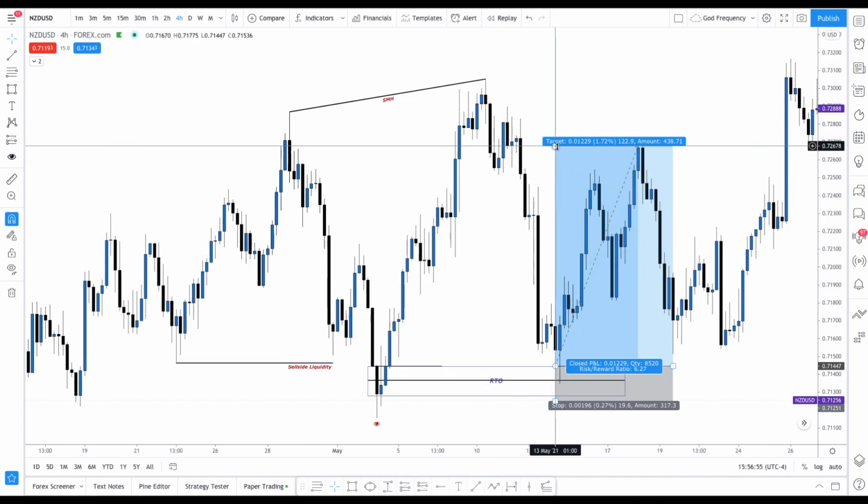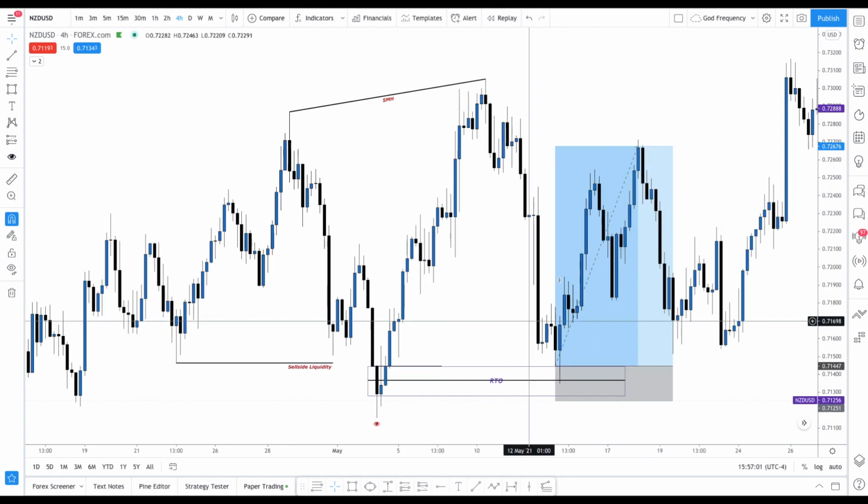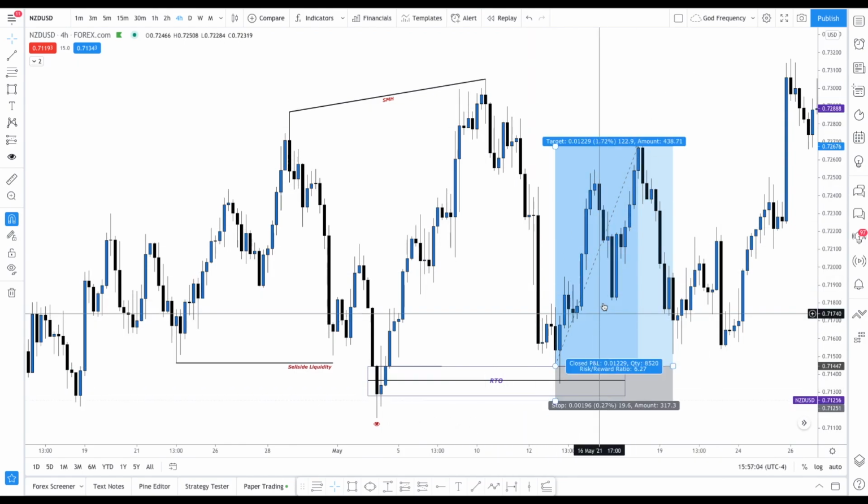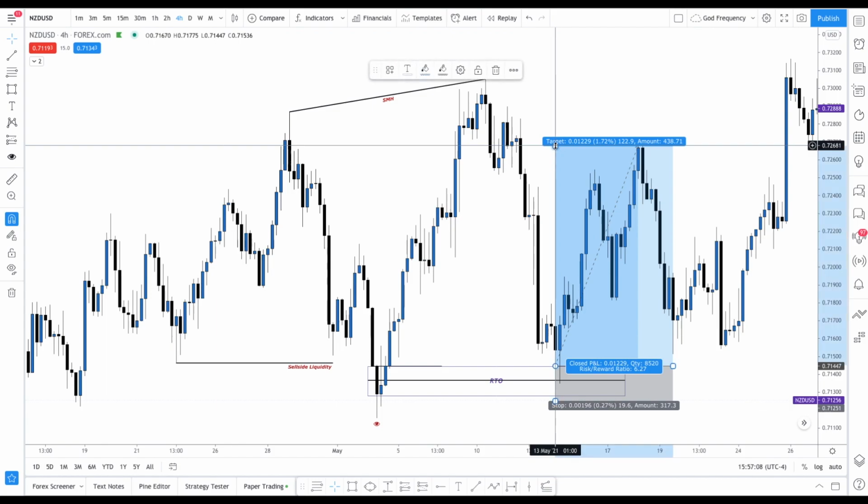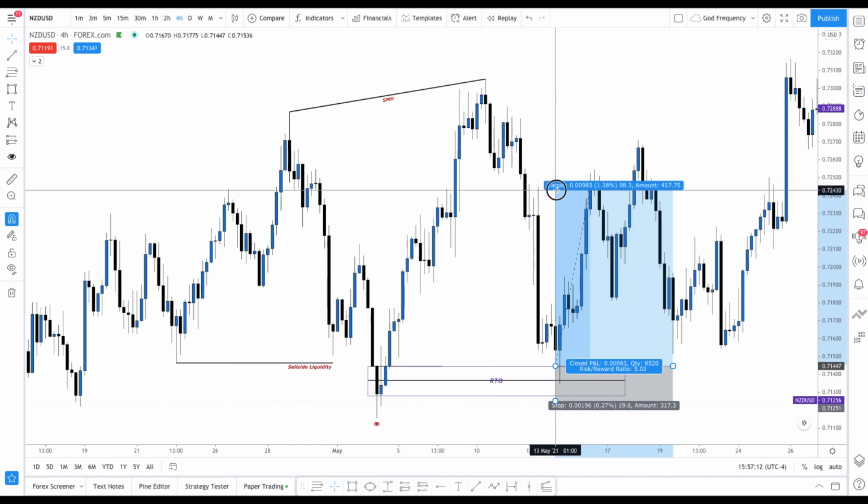Depending on if you're a short-term trader, we are on the 4-hour chart, so this is over the course of pretty much a day or so. If you're a short-term trader, obviously you can go down to the lower time frames. If you're a scalper, for me personally, my weekly goal is 50 to 100 pips.